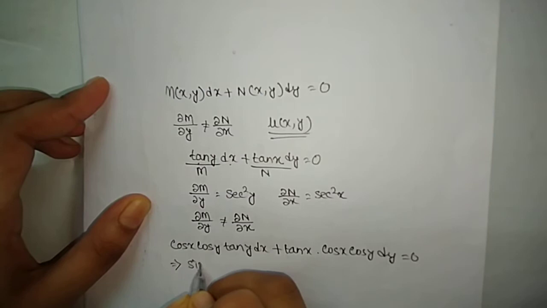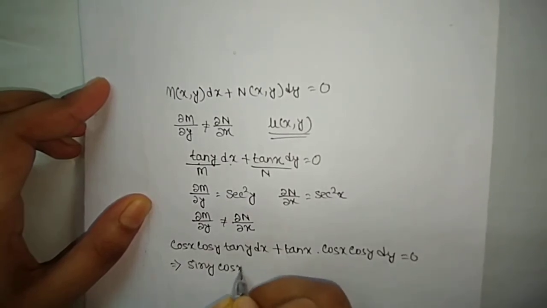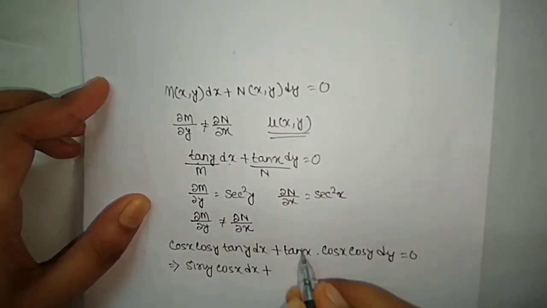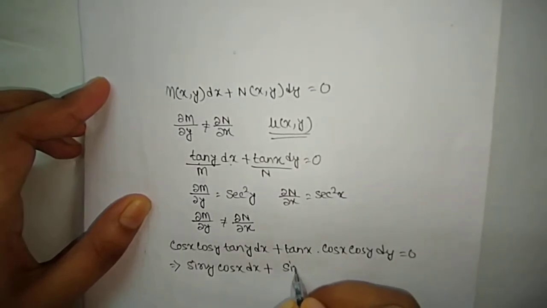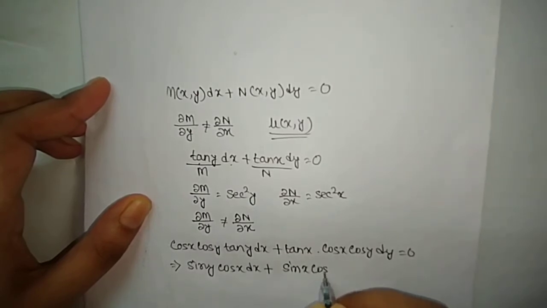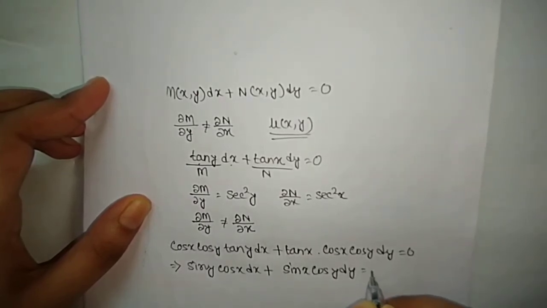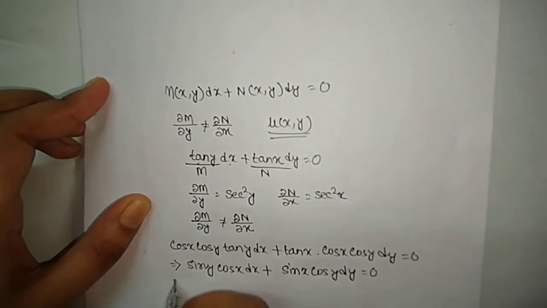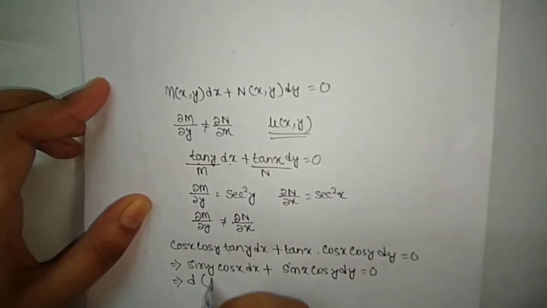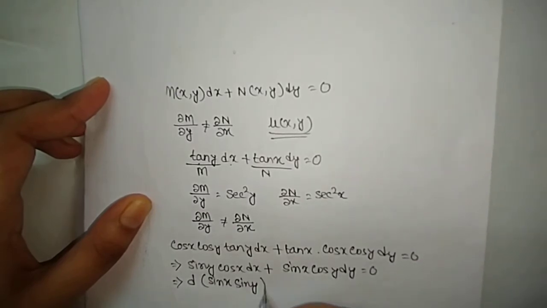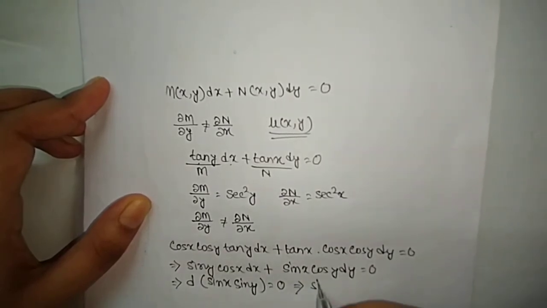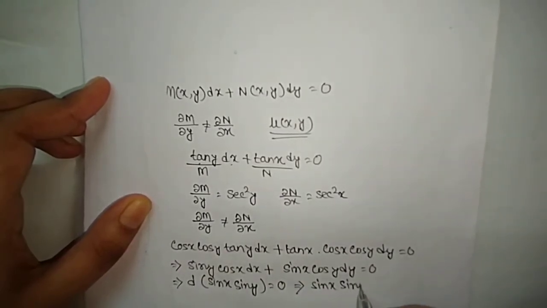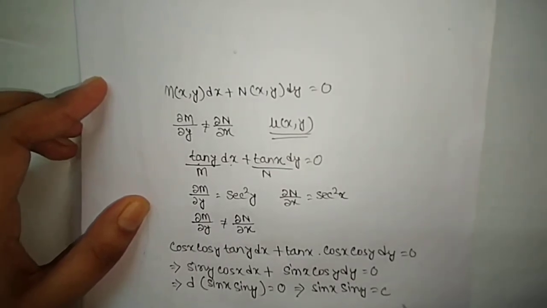We get sin y cos x dx + sin x / cos x, then cos x will be cancelled, sin x cos y dy = 0, which can be written as d(sin x sin y) = 0. So the primitive is sin x sin y = c.